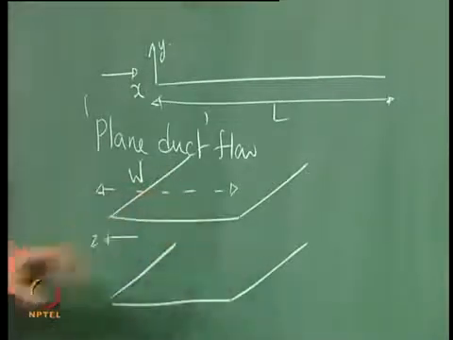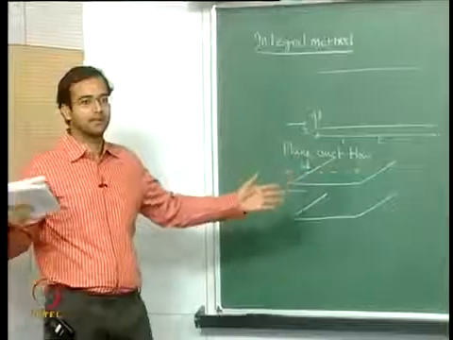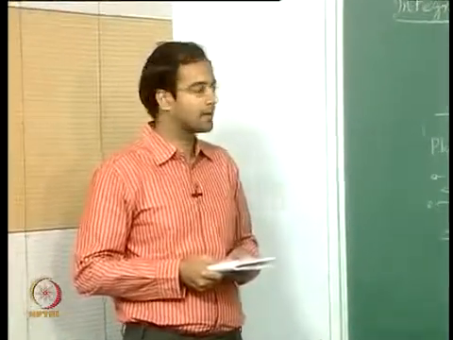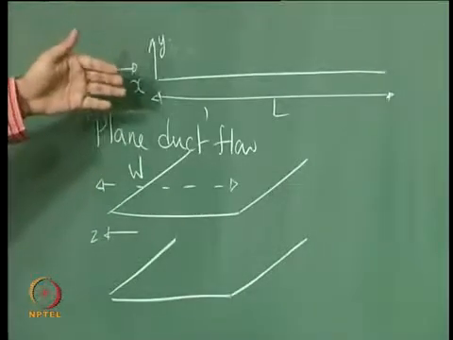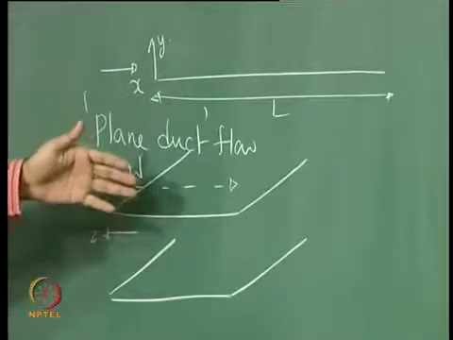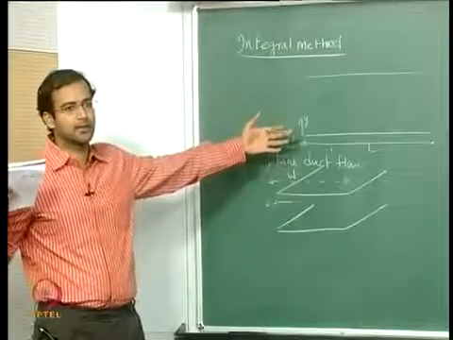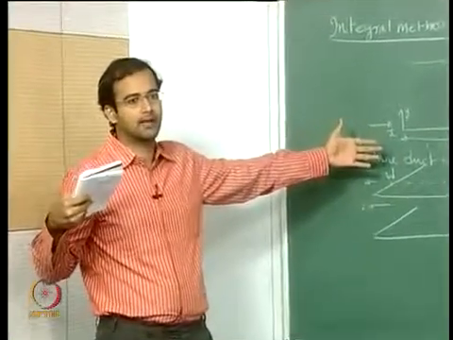A plane duct is nothing but a duct you are not confining in the z direction; it is just extended to a certain width. In fact, you can also consider that the parallel plate case which you see in 2 dimensions is a special case of the plane duct flow, where the width can be assumed unity or sometimes extending to infinity, where you don't have any confinement in the lateral directions.